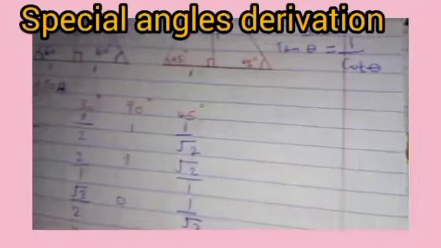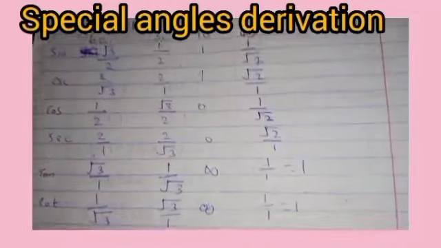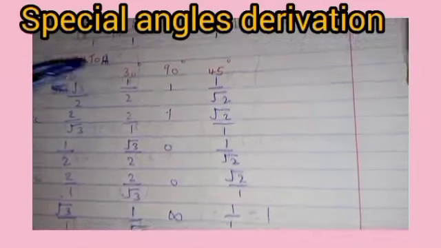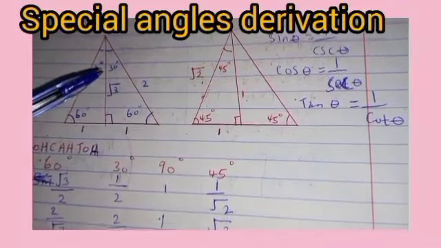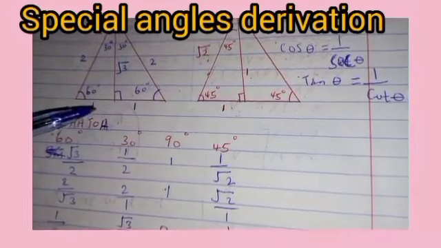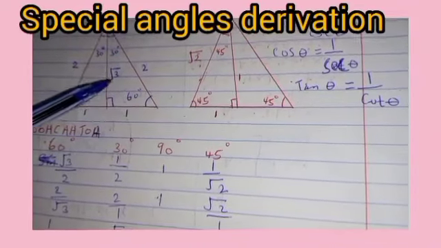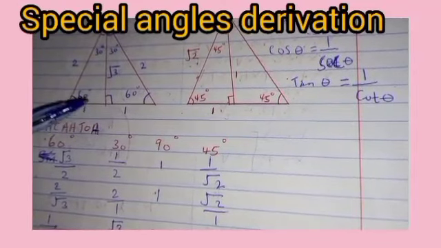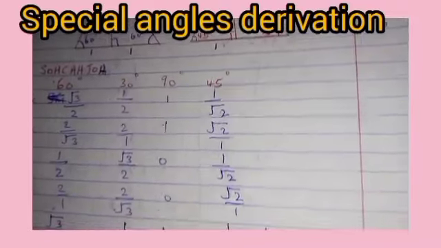So that is what we have applied here to obtain these special angles. For angles of 60 and 30, you draw an equilateral triangle of side 2. Once you have drawn this equilateral triangle, it becomes easier for you to use Pythagoras theorem to get this height. Once you get the height, you use SOHCAHTOA to obtain the other ratios.